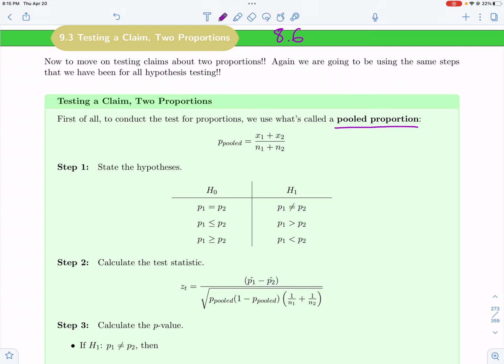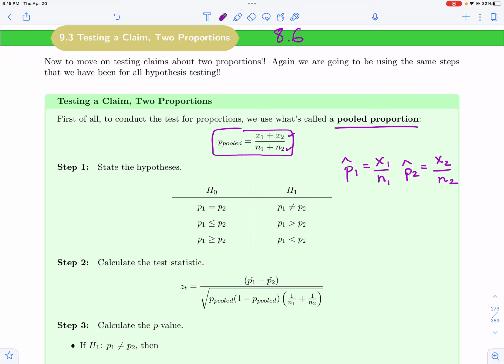So if we look at the way our P pooled is formed, we're taking our P1 hat, which would be x1 over n1, and our P2 hat, which is going to be x2 over n2, and we're combining them together by adding the two x values together, adding the two n values together, and then dividing and seeing what proportion we get.